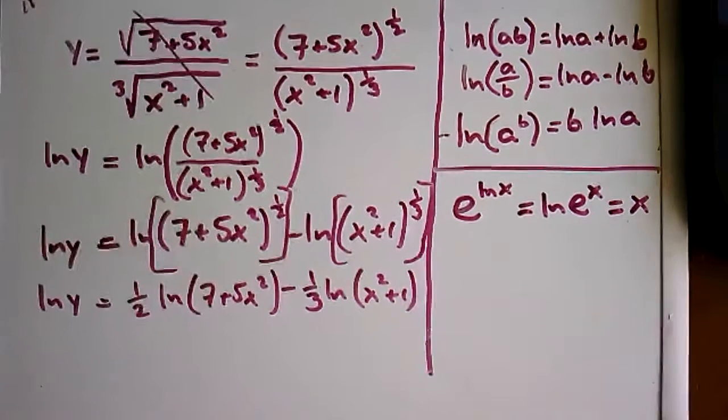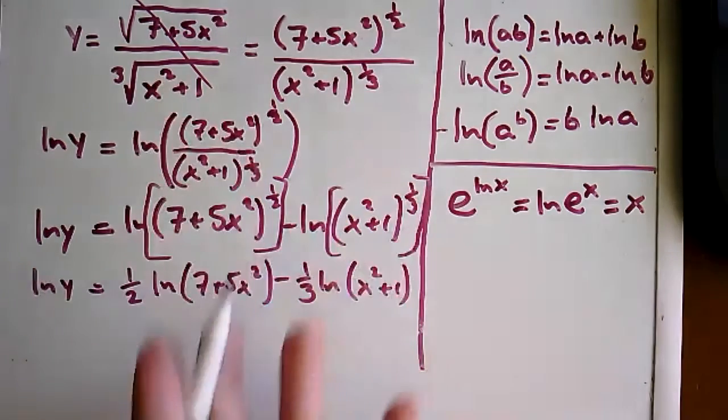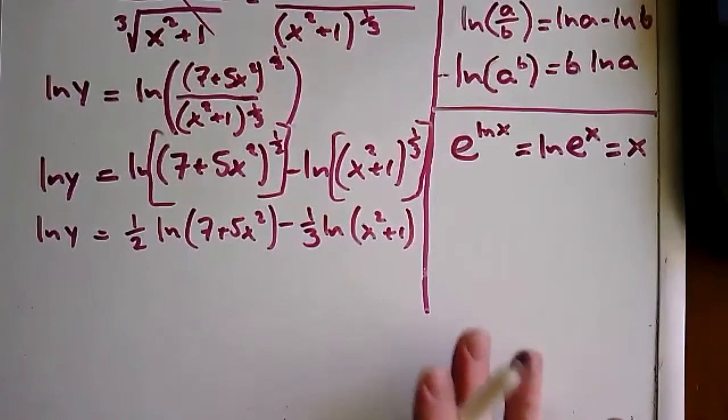While this is getting a little longer, the good news is that these derivatives are now very easy to take. We only have one level of chain rule, whereas previously we'd have chain rule within quotient rule. So I haven't done any calculus yet, just some college algebra properties of logarithms.